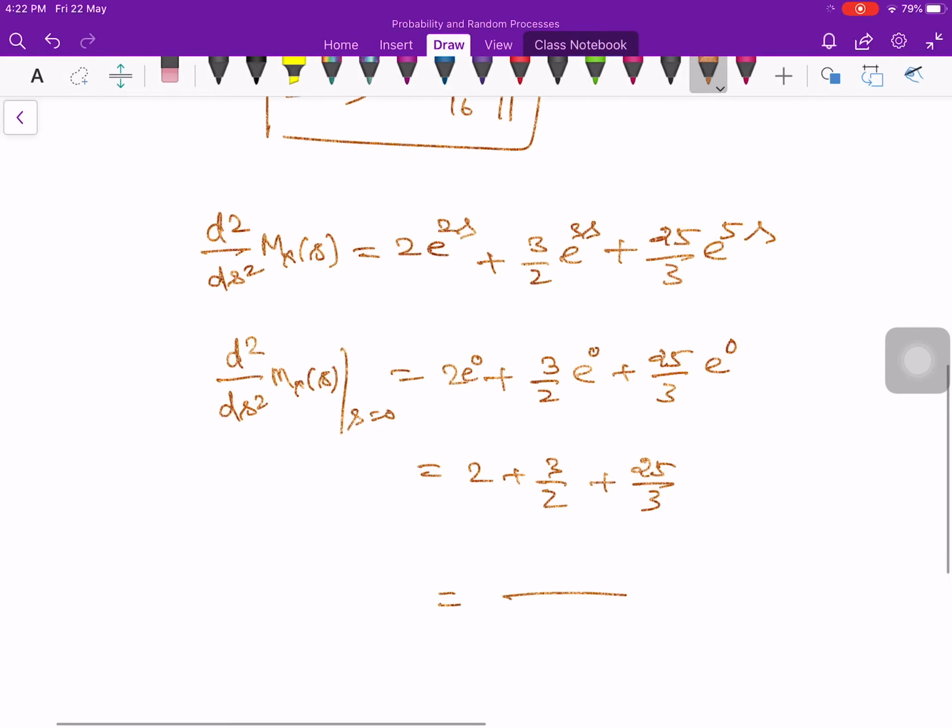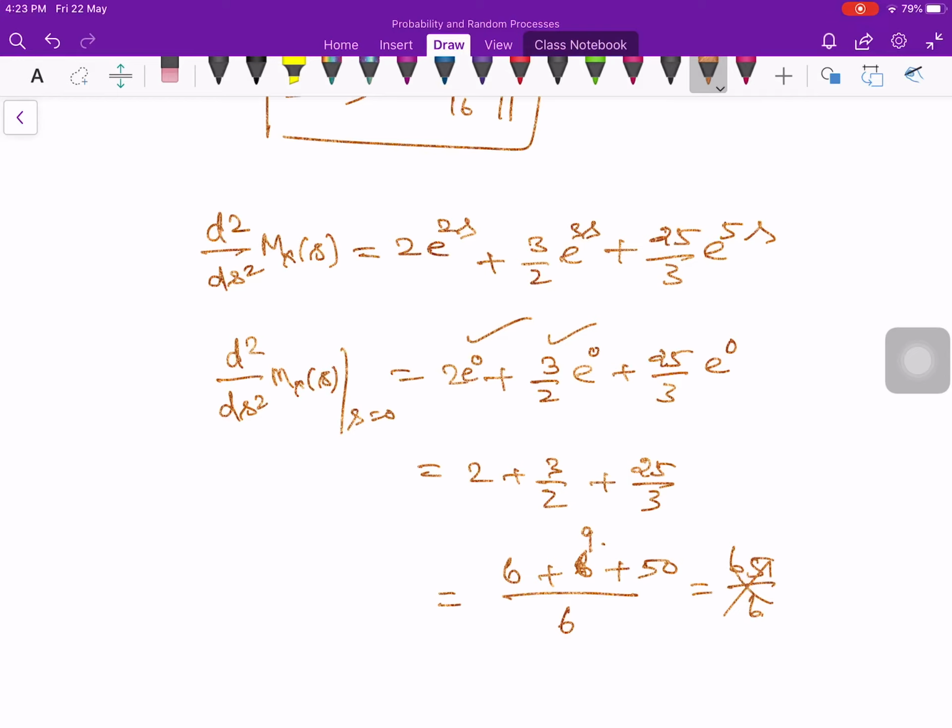Then if we simplify this, 2 plus 3/2 plus 25/3. Now in the denominator make it common value 6, so 12 plus 9 plus 50. Hmm, somewhere wrong. Where is the mistake? 2 times e power 0, correct. Then 3/2 times e to the 0, correct.